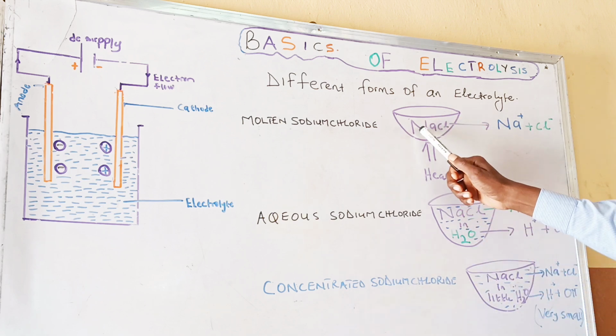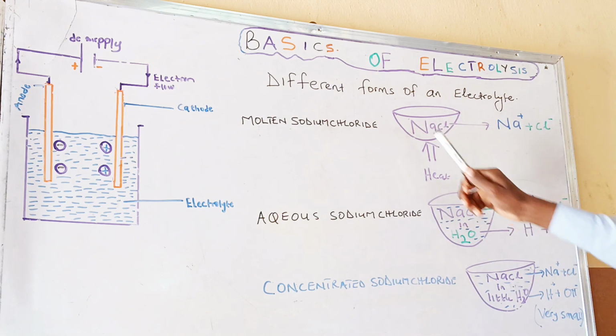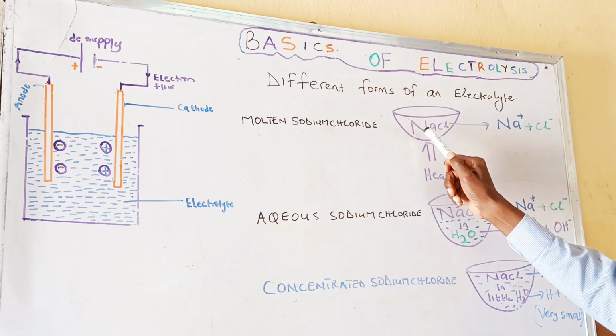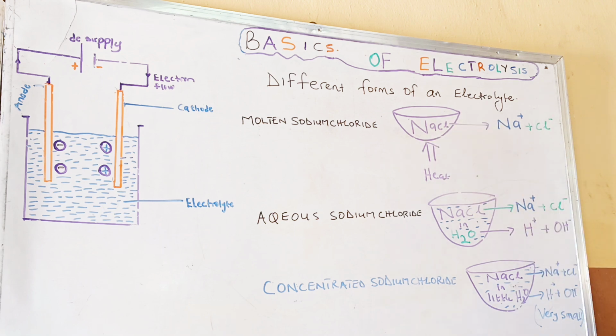You can see this is my sodium chloride put in a frying pan and I'm heating it up. It splits into sodium ion and chloride ion. The only ions I have are the ions coming from the electrolyte.